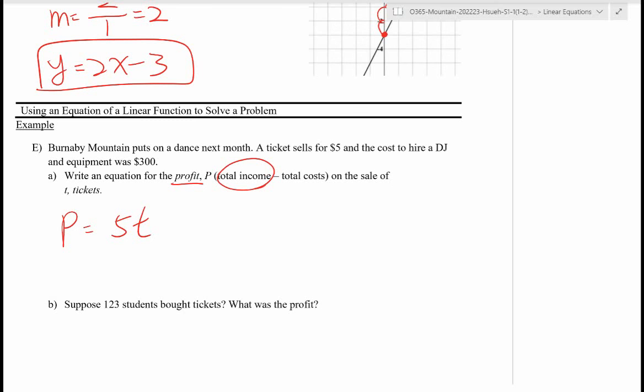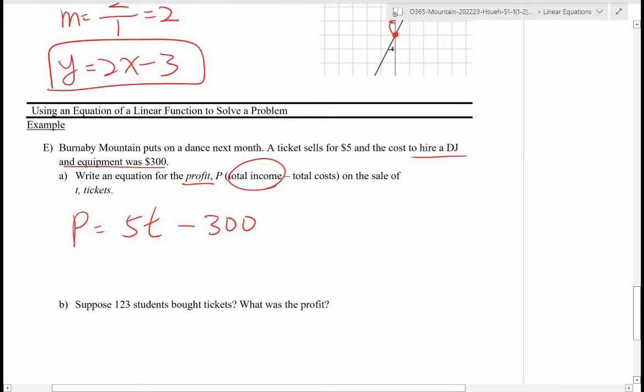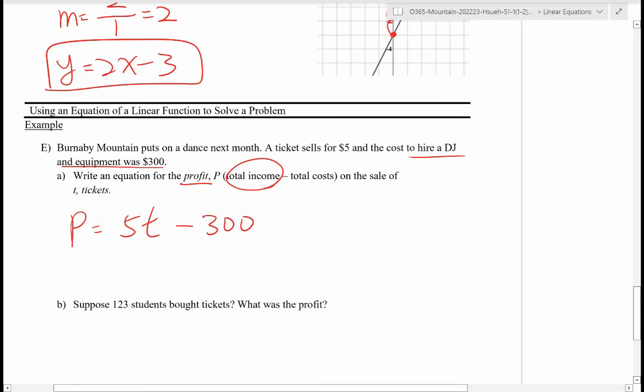And then it says hire DJ and equipment is $300. That would be the cost, so minus $300. If you write this in function notation, the better way of writing this should be P of T is equal to 5T minus 300, right? The profit depends on the number of tickets sold, okay?